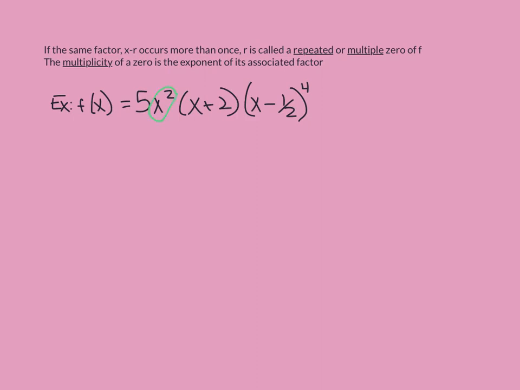So you'll notice here, the first one I have here is x squared. Keep in mind that if I just have a plain old x, it's kind of the same idea as if you have an x minus 0. So in that case, I have a 0 at x equals 0. However, you'll notice it's squared. What that means is that I have a multiplicity of 2.